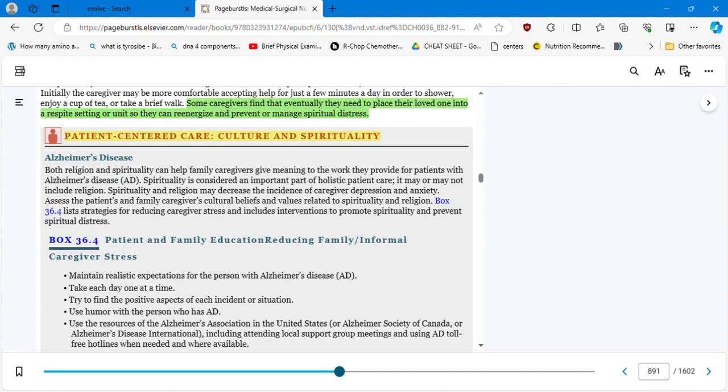And this is going to happen at the beginning. If they feel that they cannot manage their stress, they are going to put the patient in respite care. And then after that, the next step is going to be to transfer the patient to a long-term care facility. It always ends like that.